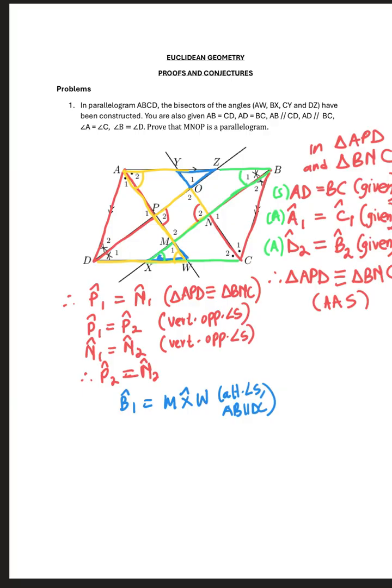So we're going to say angle A2 is equal to angle MWX. Alternate angles because AB is parallel to DC.